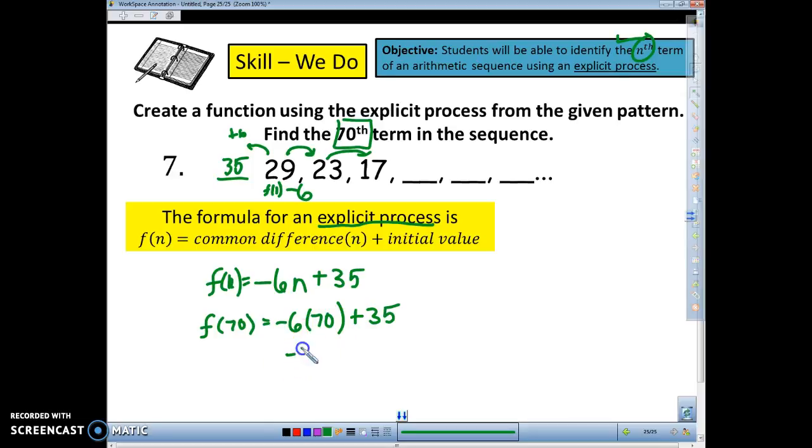Negative 6 times 70 is negative 420 plus 35. And this is equal to negative 385. So therefore, our 70th term, f of 70, is negative 385. That means if this list went out for 70 terms, this would be the 70th term.